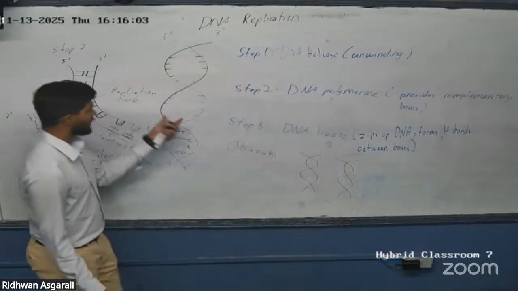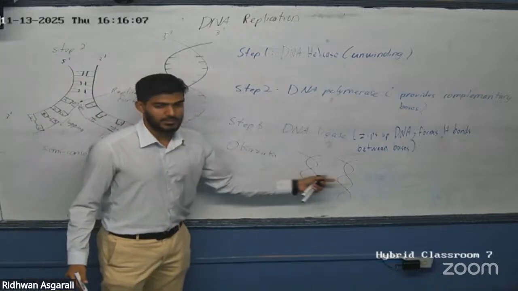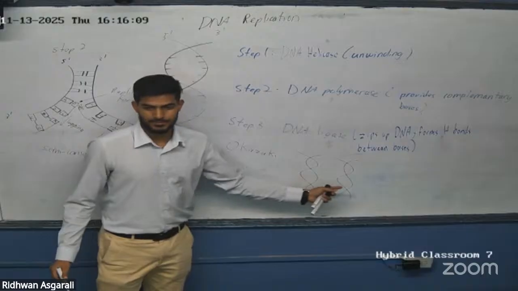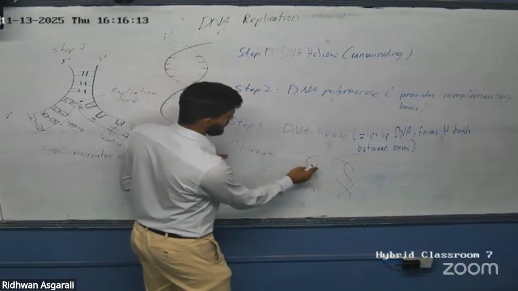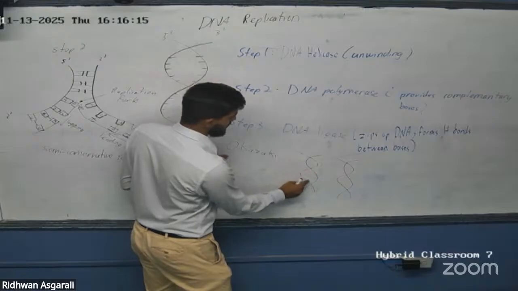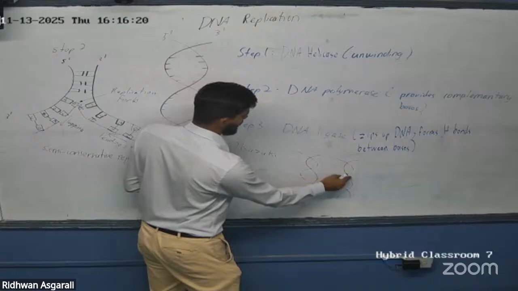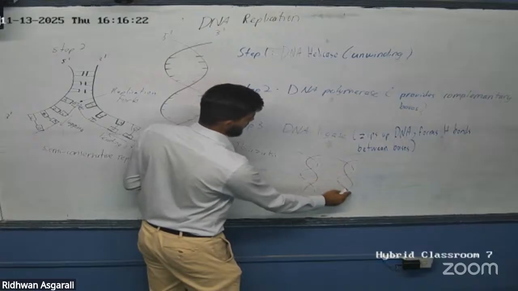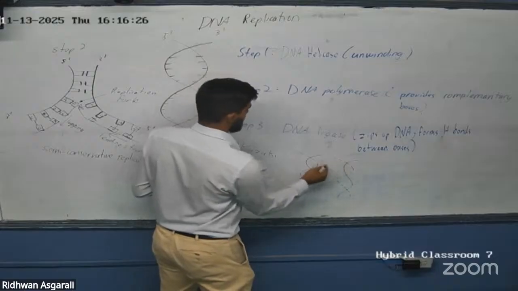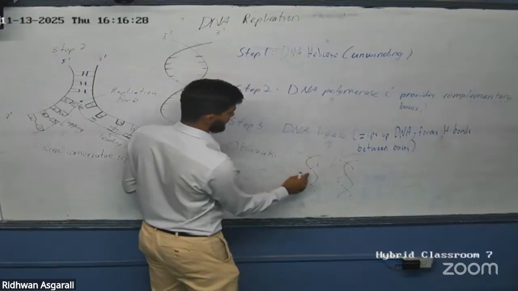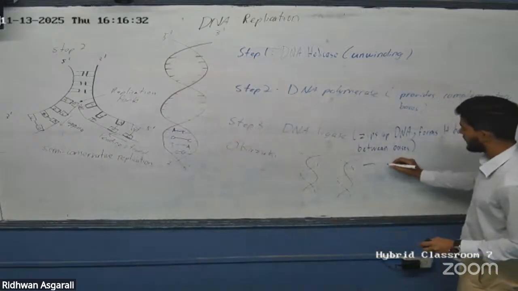If you start with one strand, you end up with two identical double helixes. That's after the step. I just drew it dotted. The dotted one represents one strand from the original DNA, and the other strand is a new one. So we can see how it fits in.